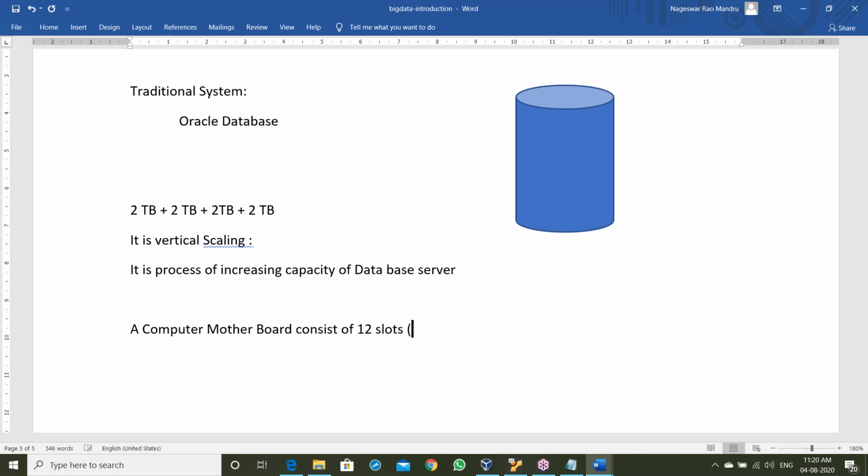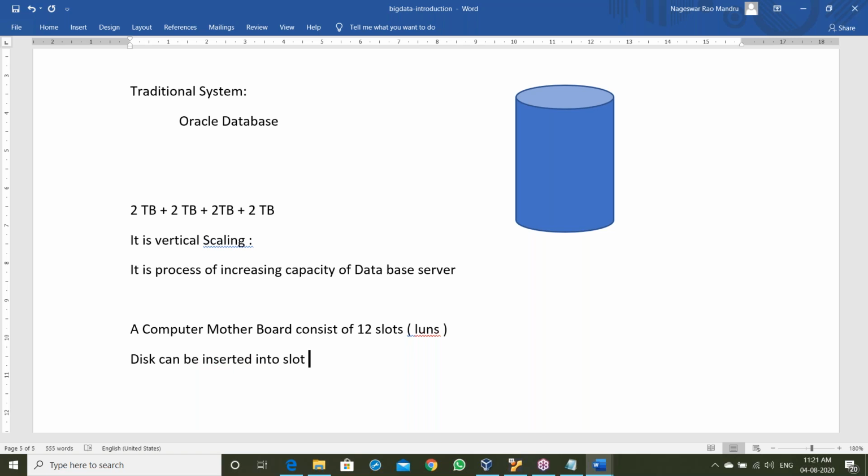We can also call them LUNs. In each slot, one disk is added. A disk can be inserted into the slots.